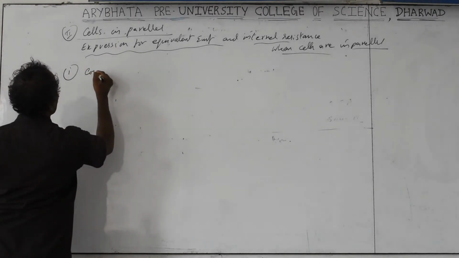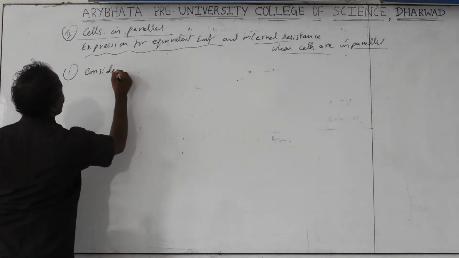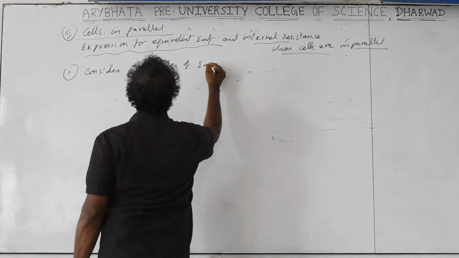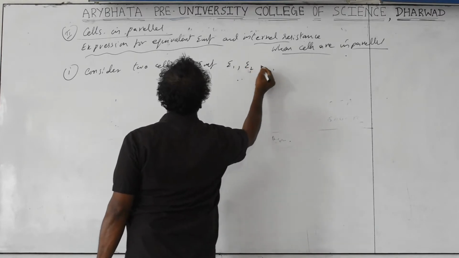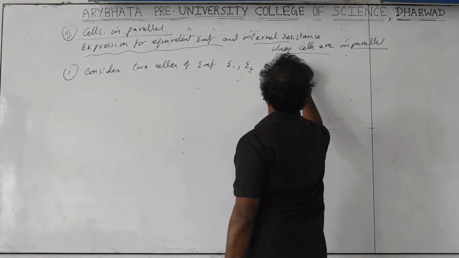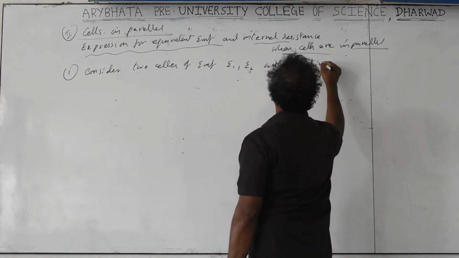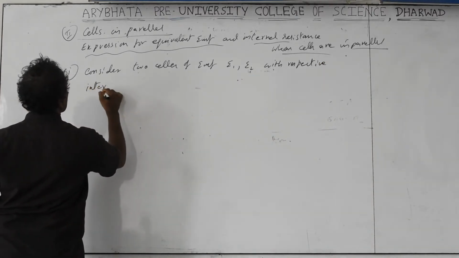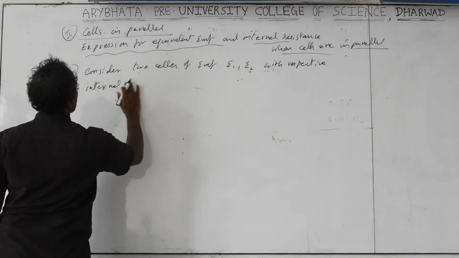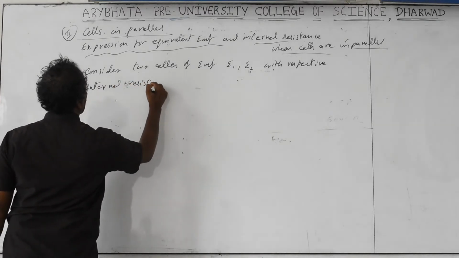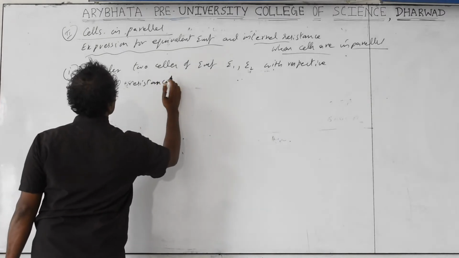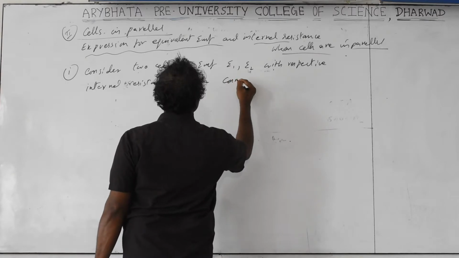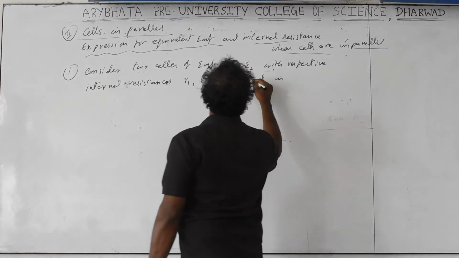Consider two cells of EMF E1, E2 with respective internal resistances R1, R2, connected in parallel.